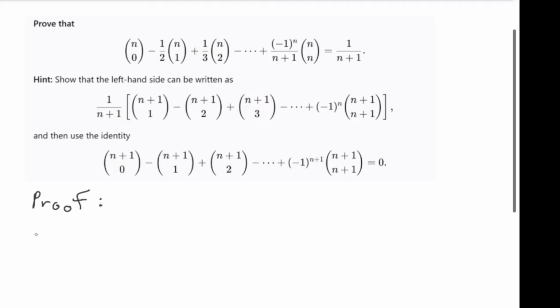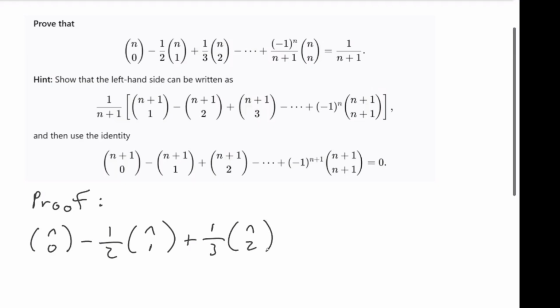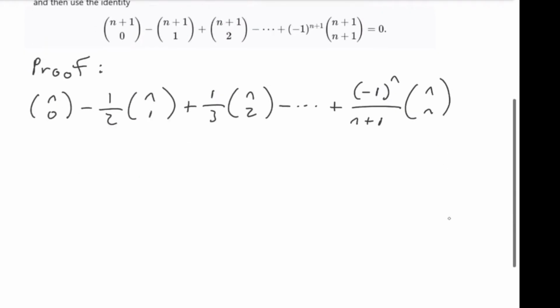Okay, so let's start with n choose 0 minus 1/2 n choose 1 plus 1/3 n choose 2 minus dot dot dot plus negative 1 to the n over n plus 1 times n choose n. We're going to express these in terms of the factorials.